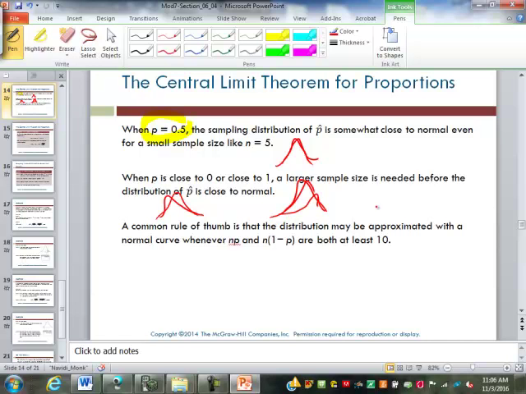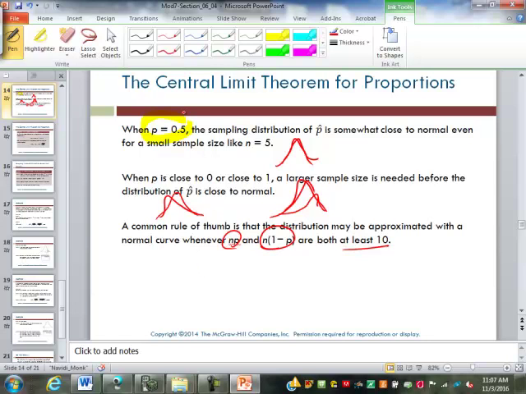The common rule of thumb is we can't just say a sample size of 30 here, because it depends on how close to 0 or 1 that p is. But we never, ever use the central limit theorem unless n times p is at least 10 and n times 1 minus p is at least 10.